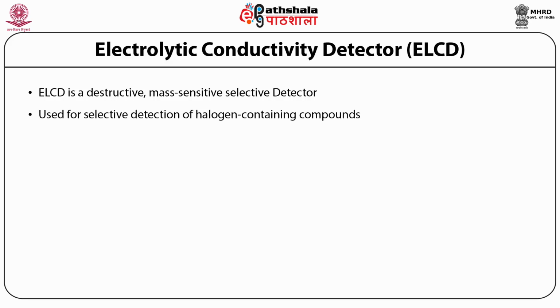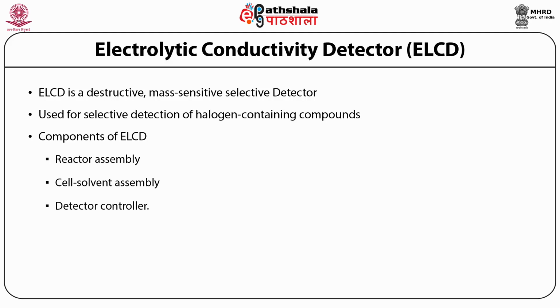Its main use is for regulated methods designed for selective detection of halogen-containing compounds. The electrolytic conductivity detector consists of three principal components. First, the reactor assembly, the cell solvent assembly, and the detector controller.